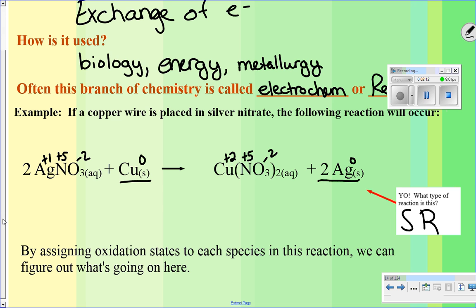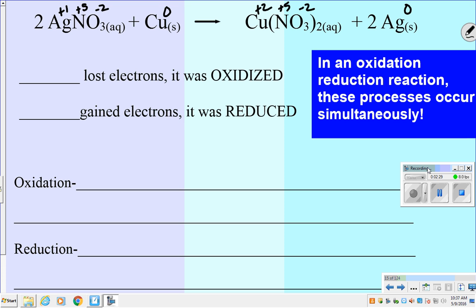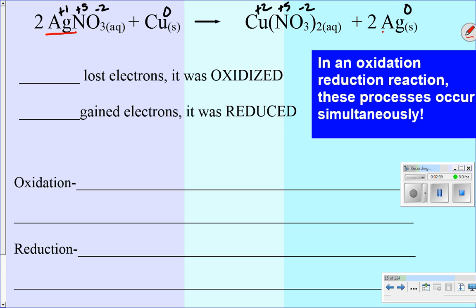So now we're going to look at electrons a little bit more individually. I'm just bringing over the charges that we talked about on the other slide. What we can do here is look at anybody whose charges have changed. Specifically, silver starts out here as a +1 charge and ends up over here having a charge of 0. If we look up silver on the periodic table, we'll see that silver has an atomic number of 47. That means silver has 47 protons.